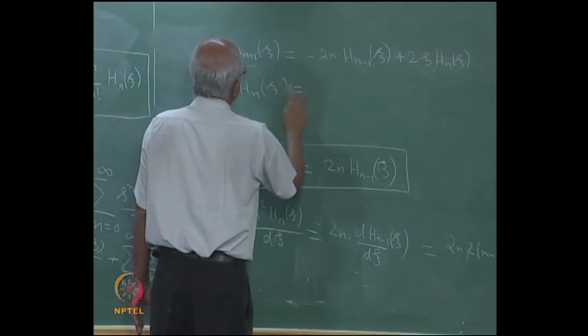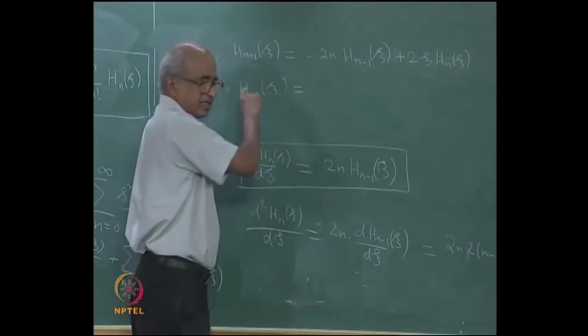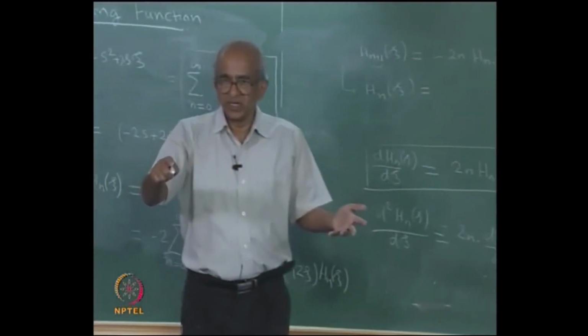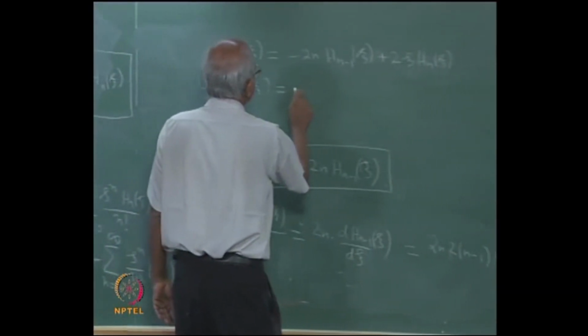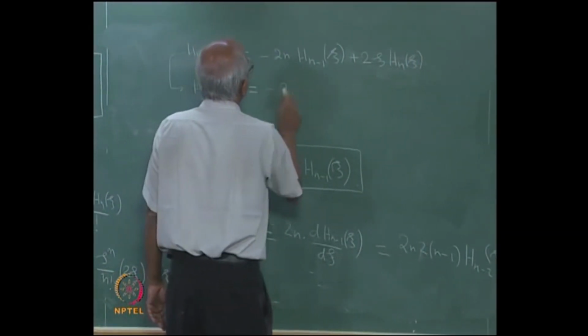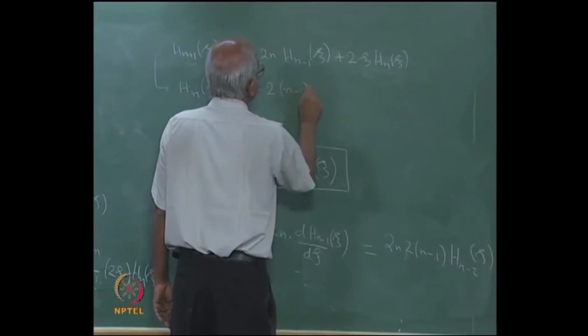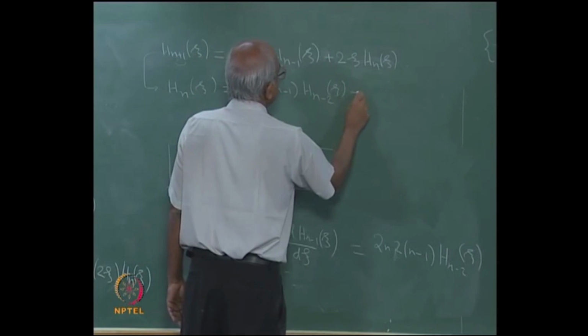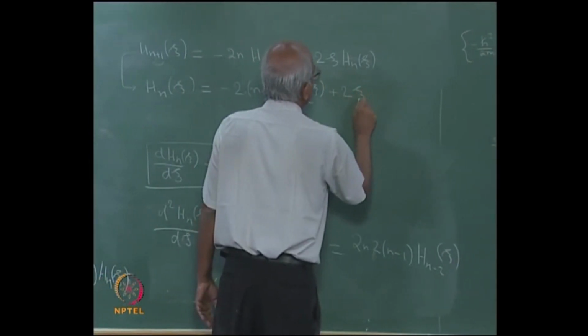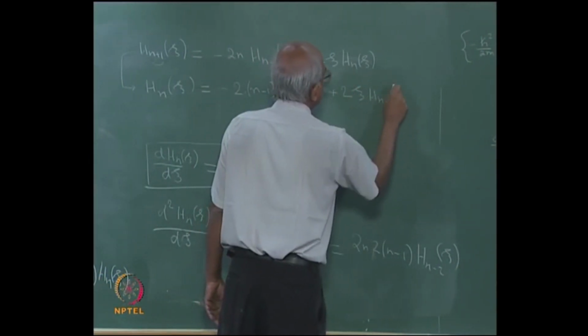So, wherever n is occurring, I shall put n minus 1. Then I shall get an equation like minus 2 n minus 1 h n minus 2 c plus 2 c h n minus 1 c.